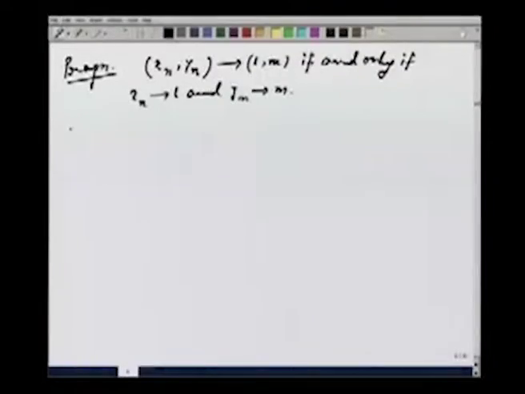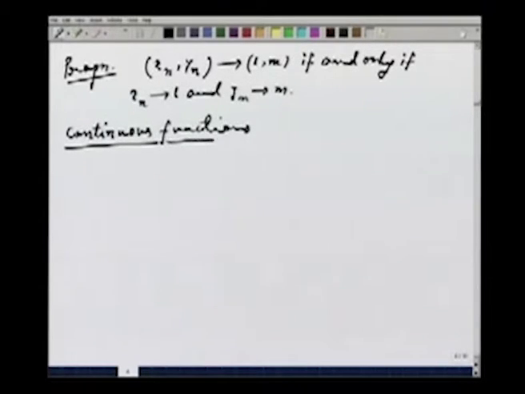Now given this, I can go to the definition of continuous functions. So I start with continuous functions. Here we will not prove everything because things are very analogous to the one-dimensional case, but let me just go to the definitions and try to convince you that this is an analog of the one-dimensional case.